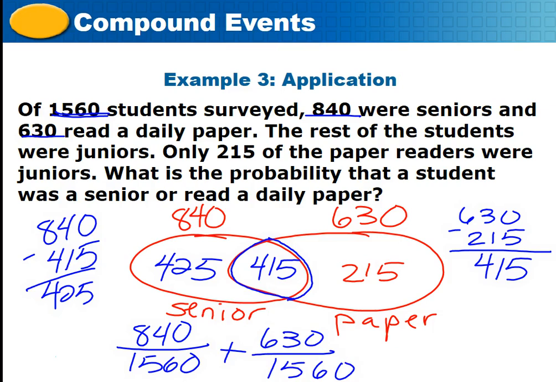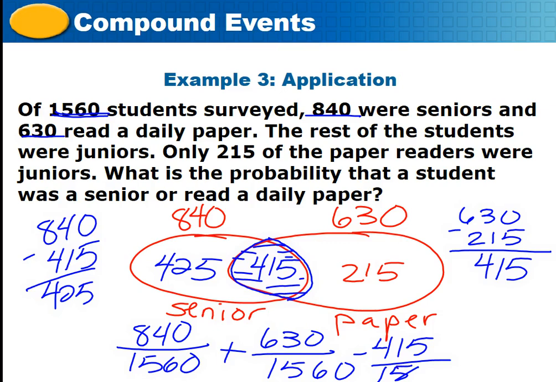But then we have to subtract our overlap. So we have to subtract this area right here because it's the overlap of the two. So we're going to subtract 415 over 1560, because again, this is the number of people that were both.